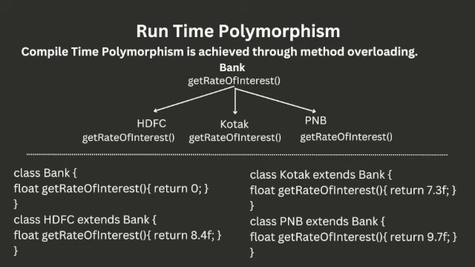In the same way, class Kotak extends my base class Bank, and it returns a different rate of interest as a float, which is 7.3. And likewise class PNB also extends the base class Bank, and it returns the float rate of interest, which here is 9.7.